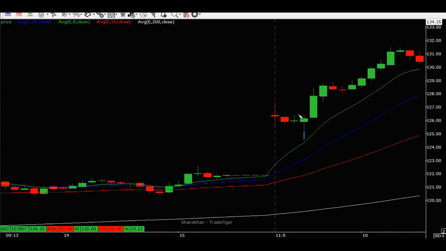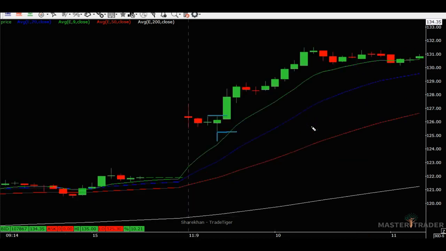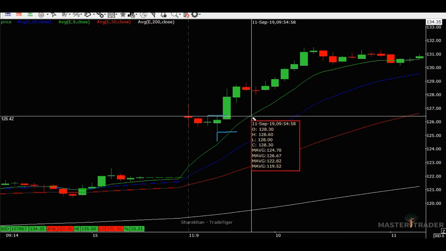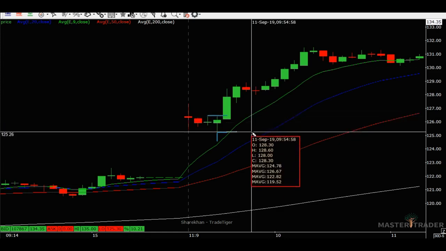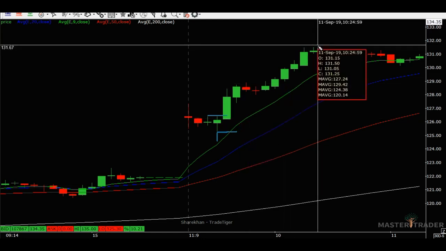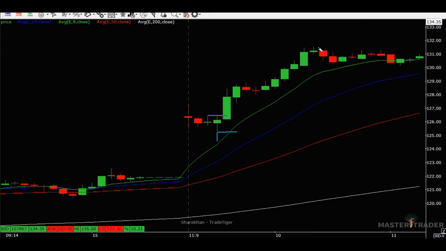Okay, which is a highly bullish reversal pattern. So as we learned, we can enter above this hammer high, simply place our stop loss below the low of this hammer. Okay, so small risk, really tiny risk, but now look at your reward, right? See, we're entering above 126.50, our stop loss is 125.20, so about one rupee, right? 1 rupee is my risk, and from 126 it goes all the way to 131.50.